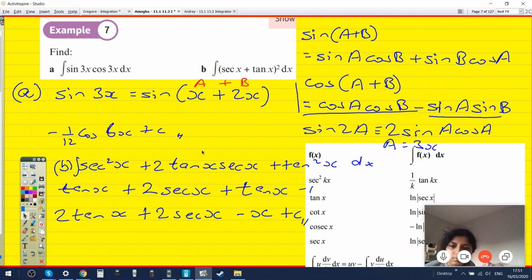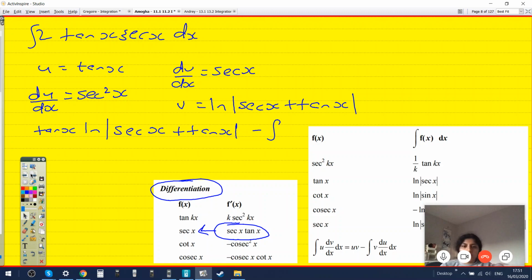No, sine 3a. Basically, a is 3x in this case. And so sine 6x is equal to 2 sine 3x cos 3x. Wait, no, you had to halve both sides first. Okay, so that's the other way. Same thing twice.